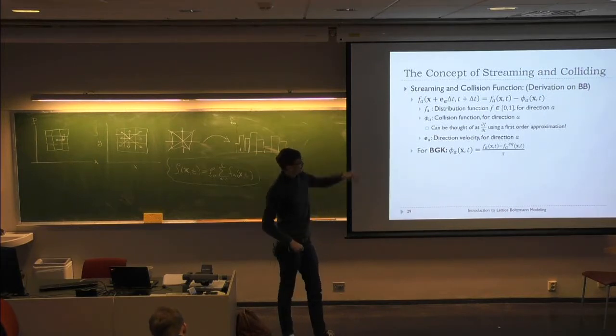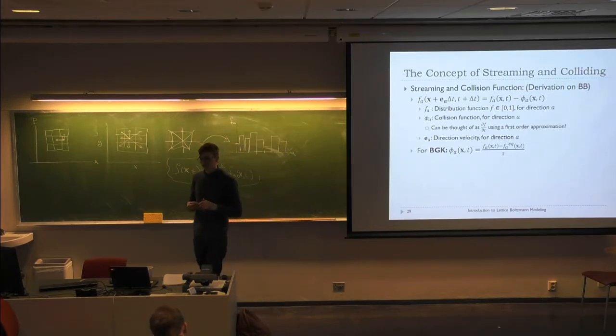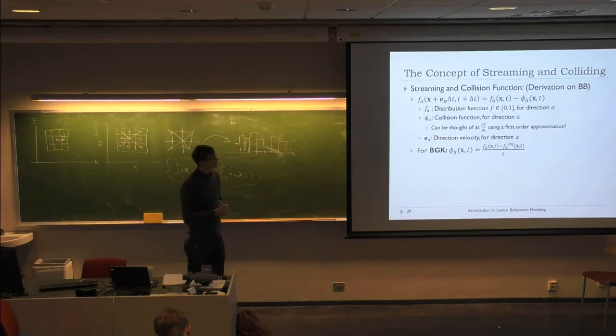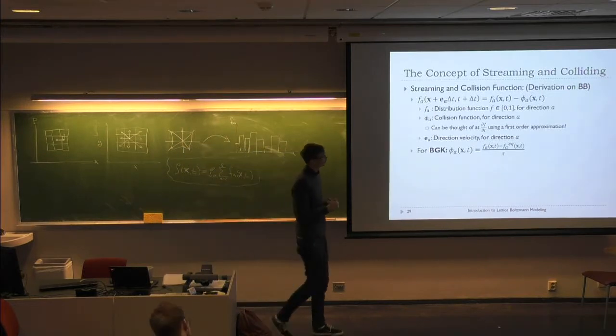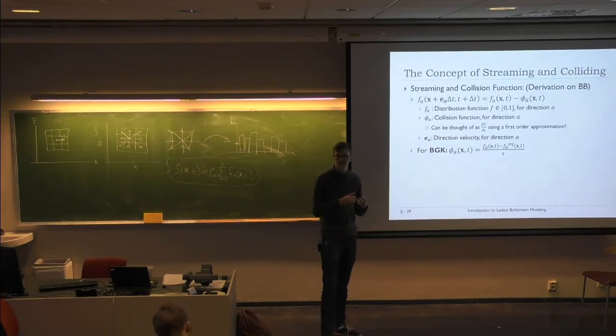And then we're going to have some collision law. And this is not going to be as simple as the lattice gas case, but it can be derived to give you conservation of energy and conservation of momentum. But for now, we can just think of this collision part as the first order approximation of the change in distribution with respect to time. So how will we do that?